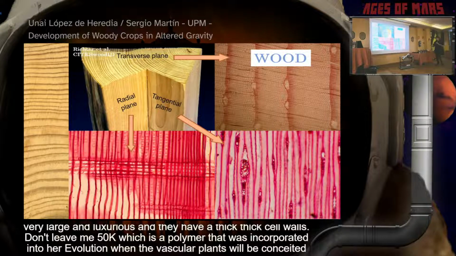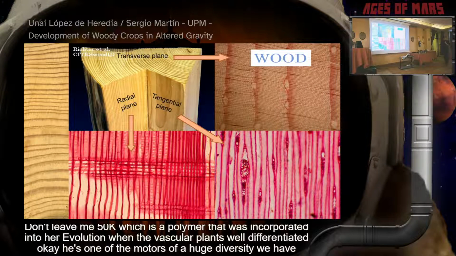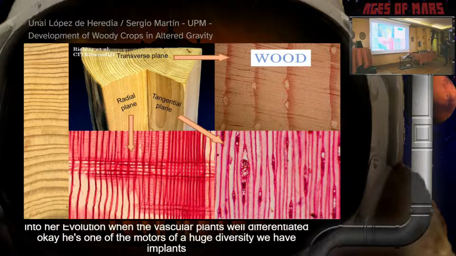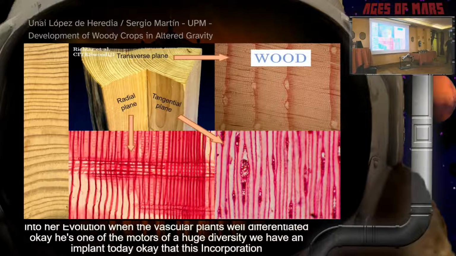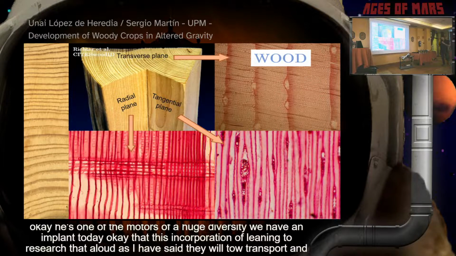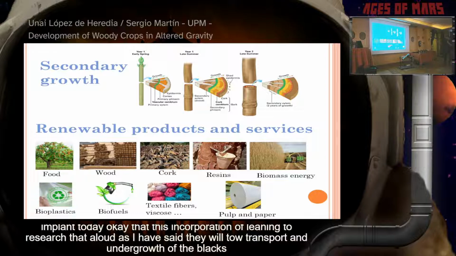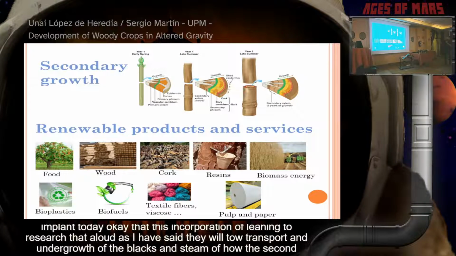And it is one of the motors of the huge diversity we have in plants today. Okay, this incorporation of lignin into these cells allowed, as I have said, the water transport and the growth of the plants.